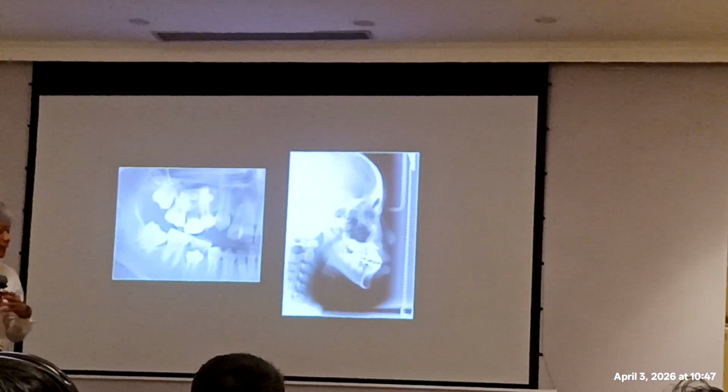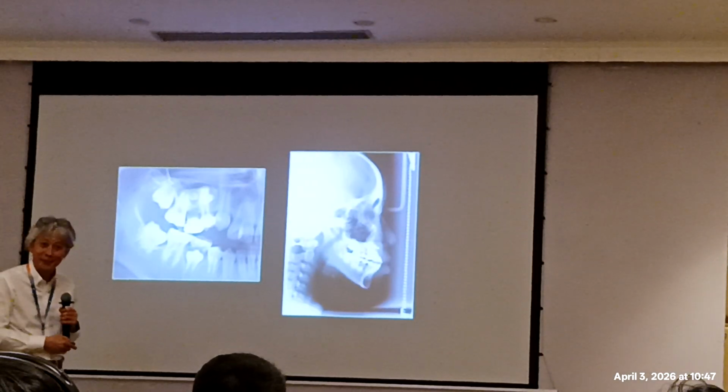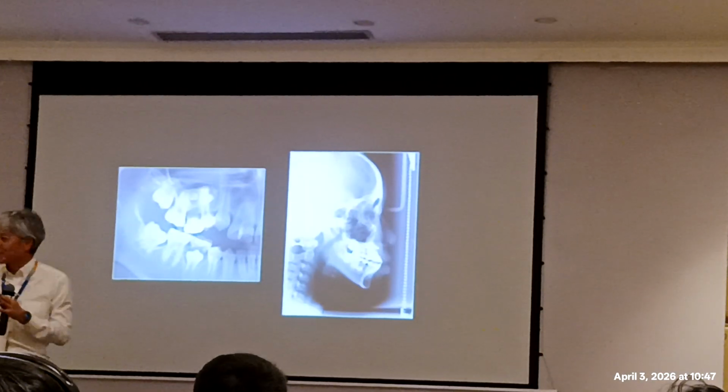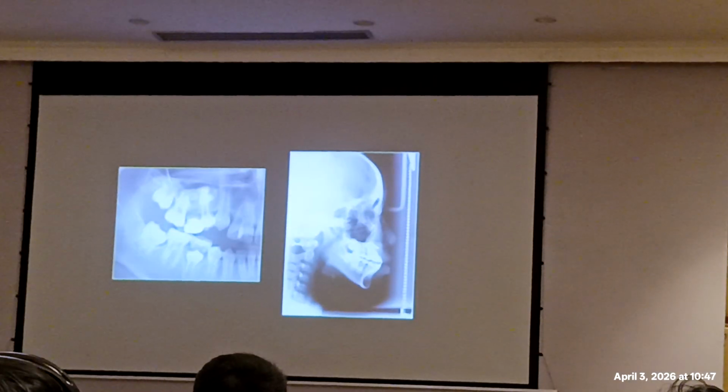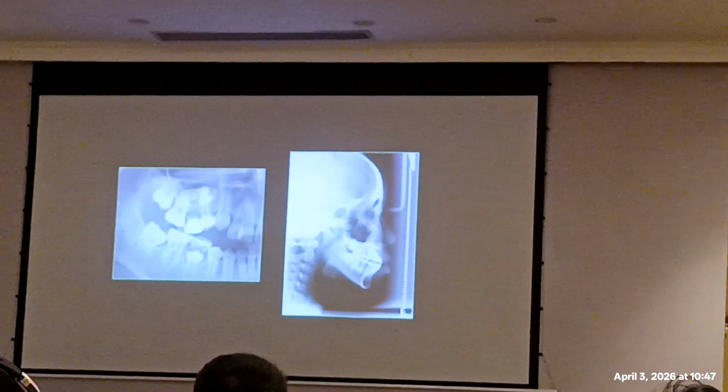This patient had been treated for 5 years by the previous doctor, and the final result was not satisfactory. You should anticipate there would be a gingival recession like that if you did it that way.